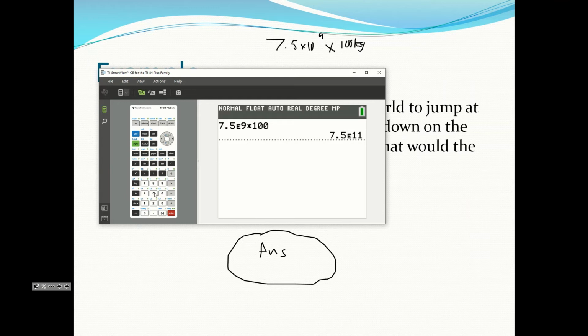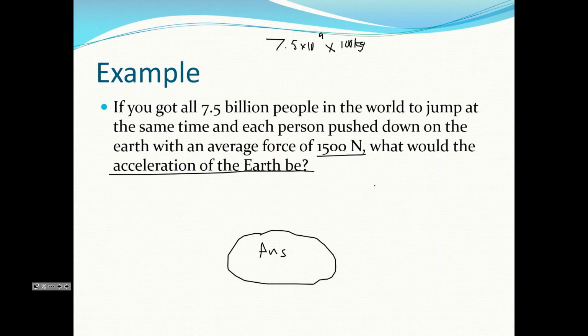The mass of the Earth is 5.97 times 10 to the 24. If I divide it by the mass of all the people on Earth, that's how much bigger the mass of the Earth is compared to all the people. So the answer is no.